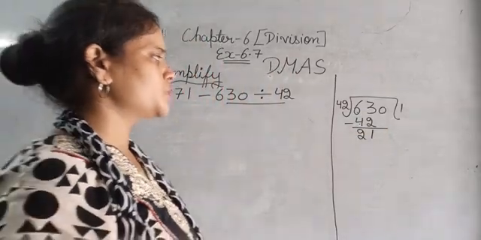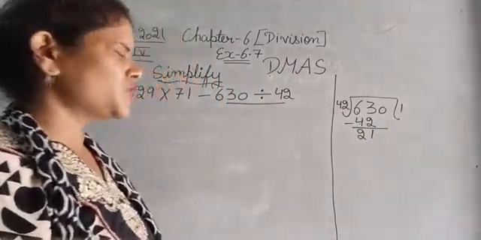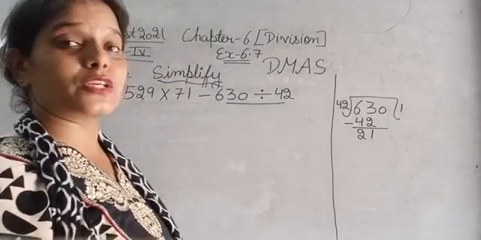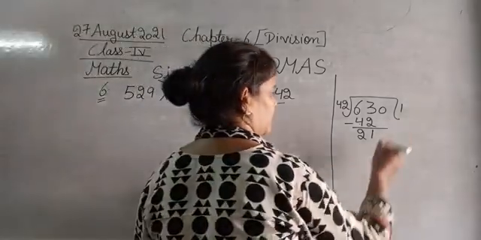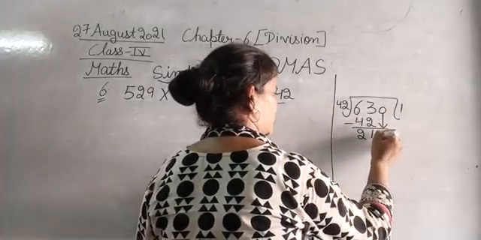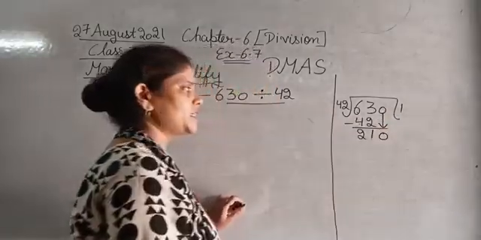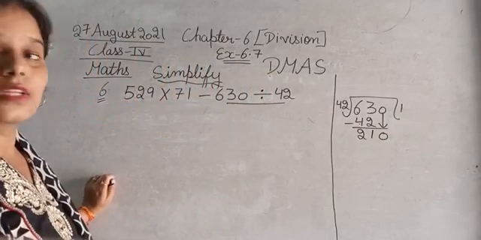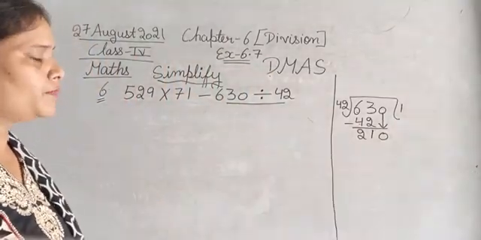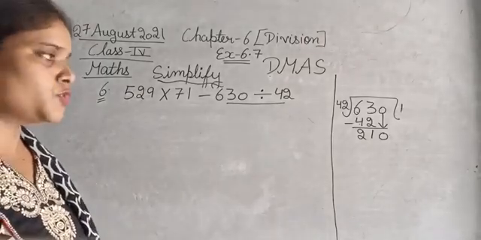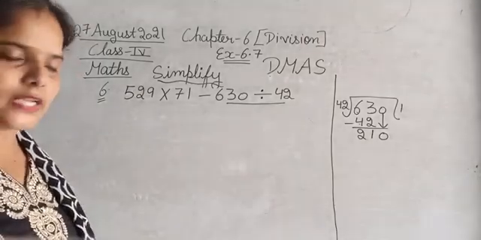Okay, so sorry, 63 minus 42 is 21. So now we will bring down the next number, that is 0. Okay, so now the number became 210.